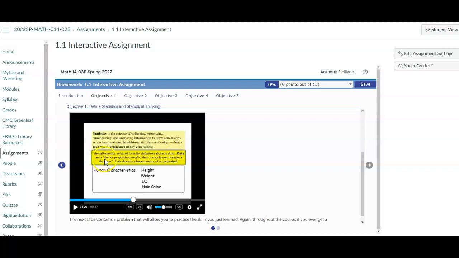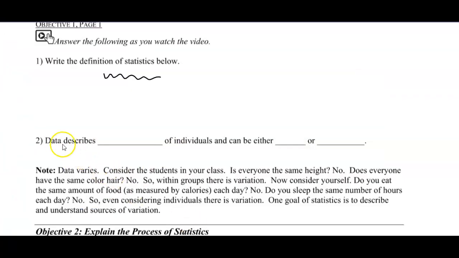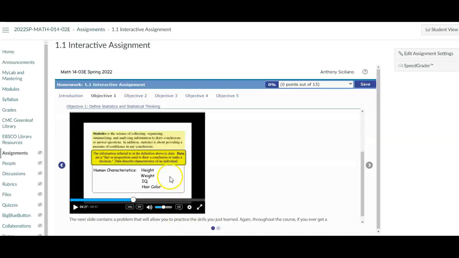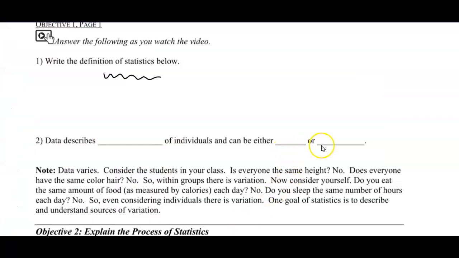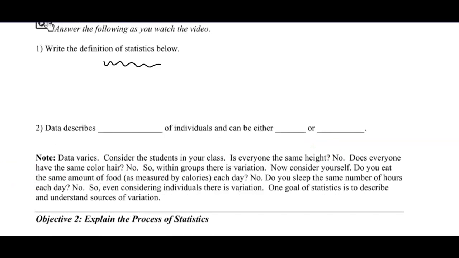Data are a fact or proposition used to draw a conclusion or make a decision. So data describe characteristics of an individual. So back here it says data describes, you would say, characteristics of individuals and can be either what? Well, going back to this video, it can either be a fact or a proposition. And so therefore, you're going to fill in that information. And then you keep moving on.